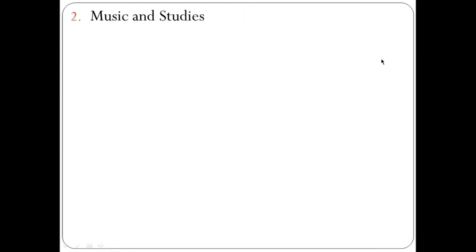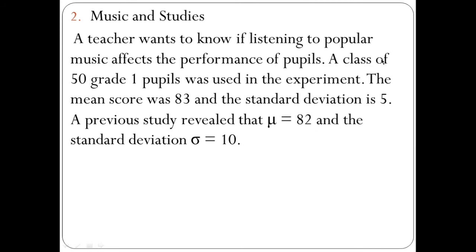We have music and studies. Okay, so the problem is, a teacher wants to know if listening to popular music affects the performance of pupils. A class of 50 grade 1 pupils was used in the experiment. So, the mean score was 83.